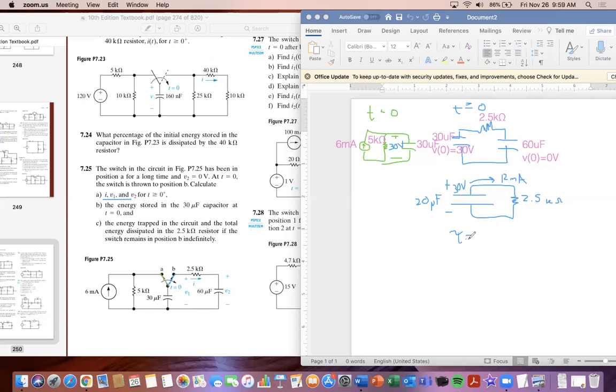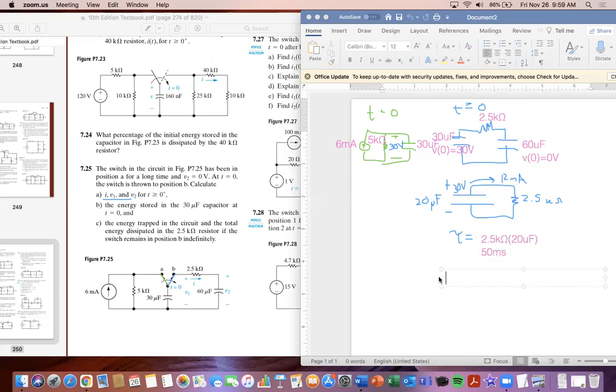Time constant is R times C, so it's going to be 2.5 kilo ohms times the capacitance value, the combination of the two, which was 20 microfarads. That's 2.5 e to the 3 times 20 e to the negative 6. I got 50 milliseconds.